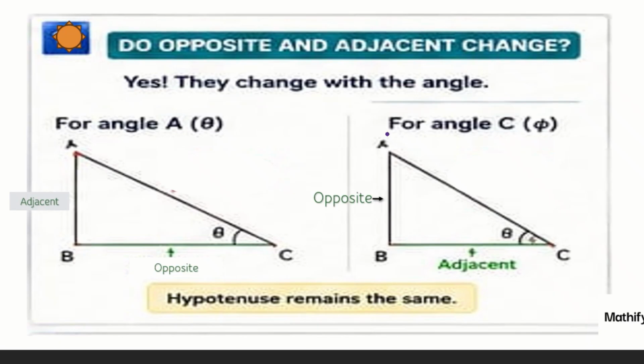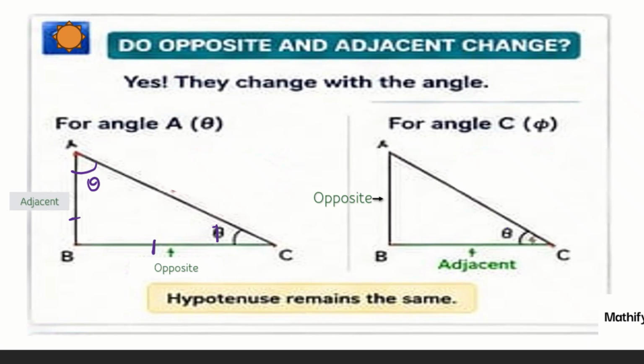Yes, they change with the angle. If we change the angle, the adjacent side and opposite side will also change. For angle A, if angle A is theta, then this AB will become adjacent side and this BC will become opposite side.